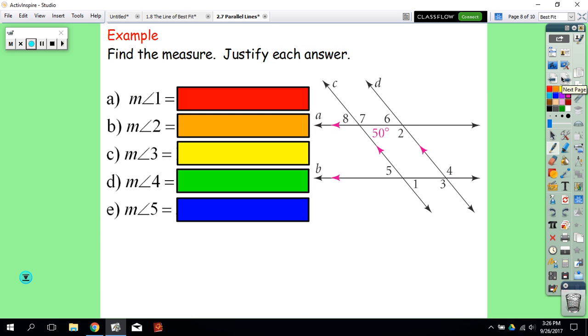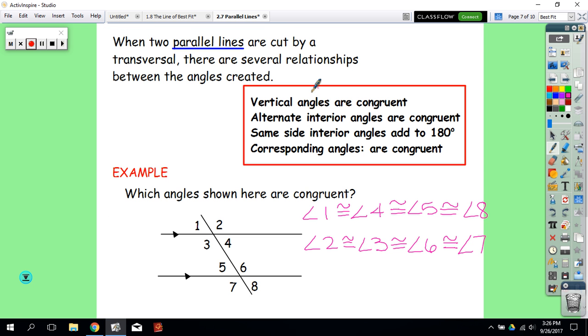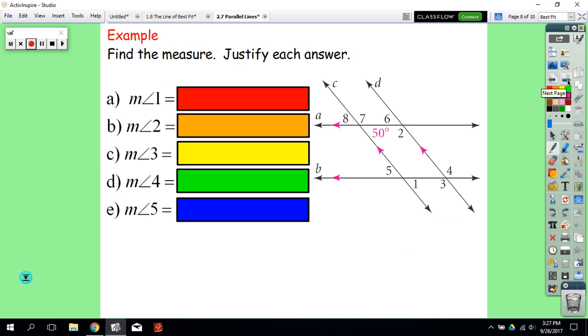All right, we want to find the measure of each angle and we want to justify our answers. So we just have to say, these would be kind of back here, these would be the justifications for our answers. We could say, for example, if we're looking for the measure of angle 1, the measure of angle 1 is down here.